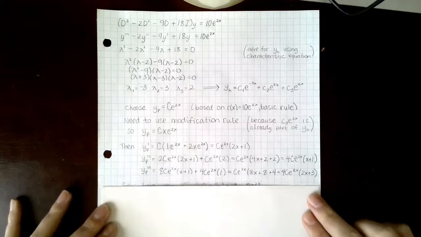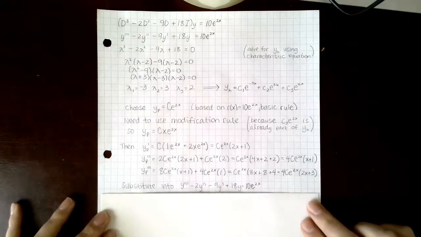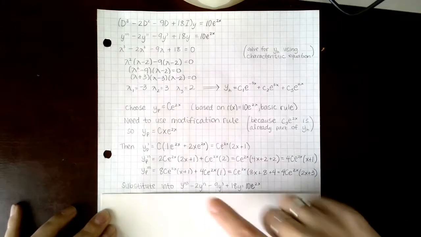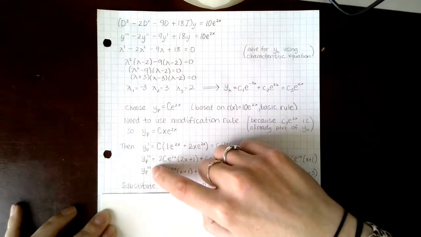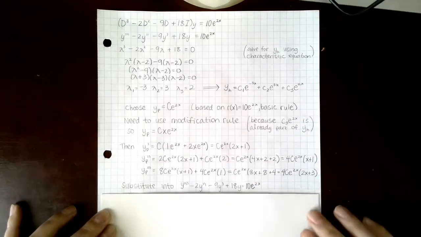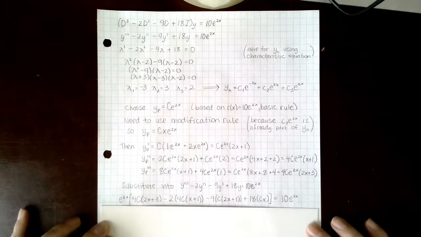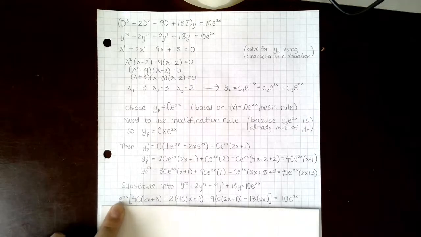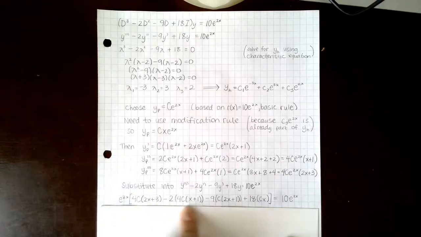We can then go ahead and plug that back into the original non-homogeneous equation. So we can substitute each of these y triple, double, single primes and just y into the original equation. I'm going to go ahead and factor out this e to the 2x first because I know that we're only concerned about the coefficients here, right? So I need all of this stuff in the brackets.